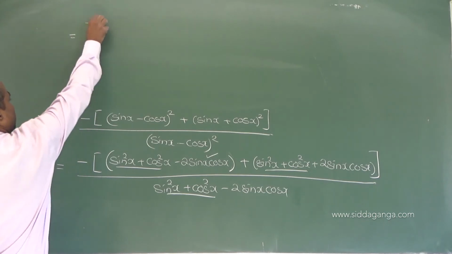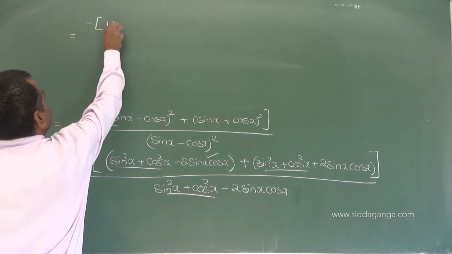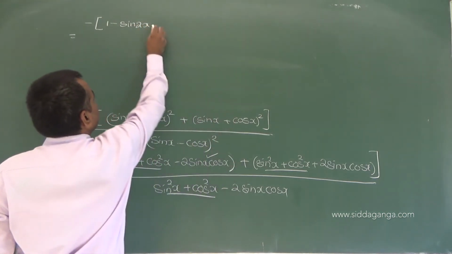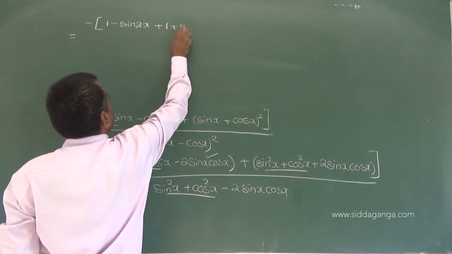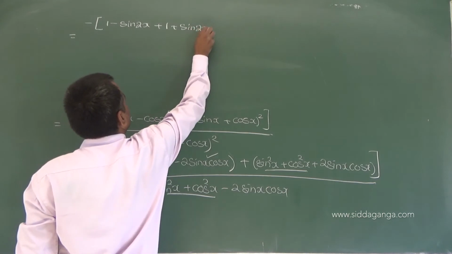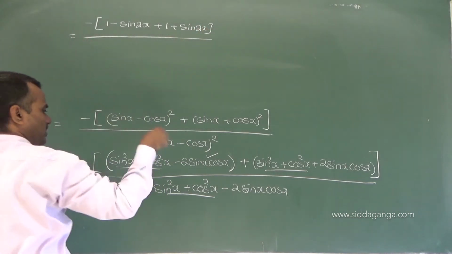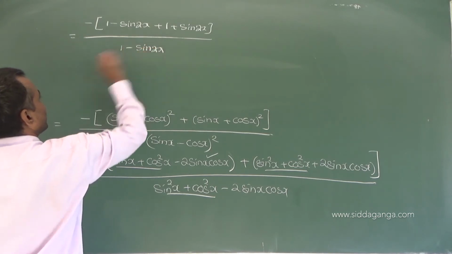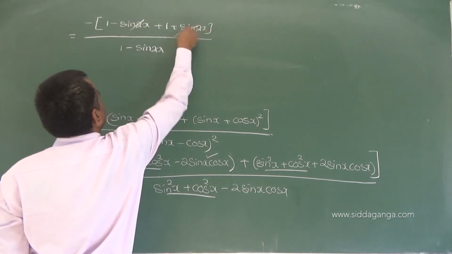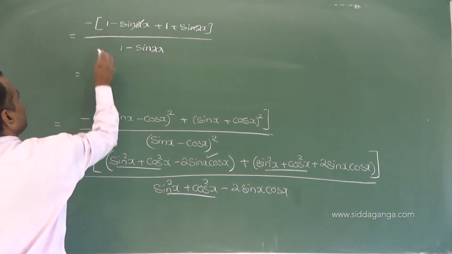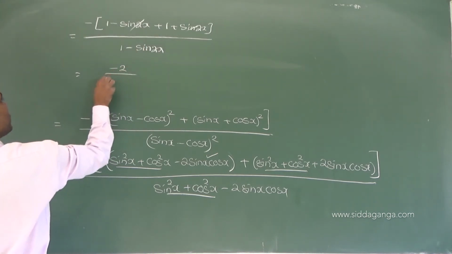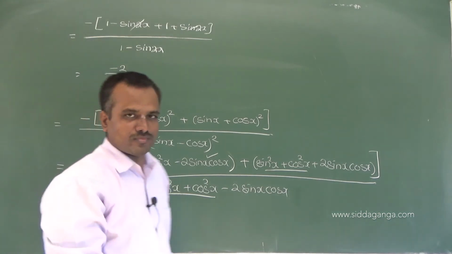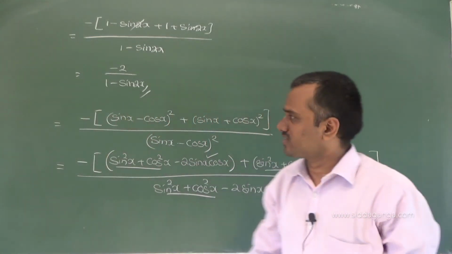Minus I write outside. 1 minus sin 2x plus 1 plus sin 2x. Correct? Denominator 1 minus sin 2x. What happens? In the numerator, sin 2x gets cancelled. 1 plus 1 is 2. Minus 2 divided by 1 minus sin 2x.